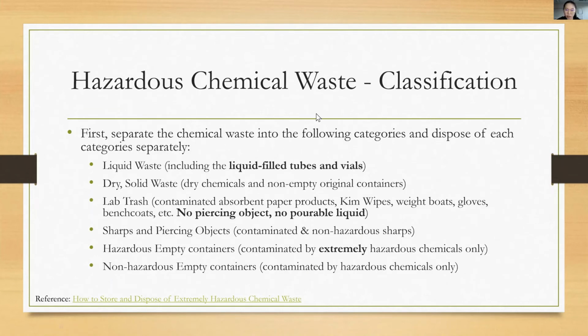If it is collected for about 80 days, it will automatically be scheduled for pickup. The chemical waste is a little bit complicated because it has so many classifications. It is classified as liquid waste, dry waste, lab trash, sharp and piercing objects, including pipettes and pipette tips, and also the empty containers.